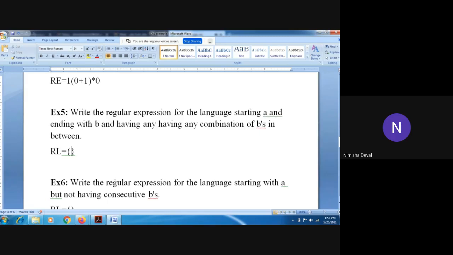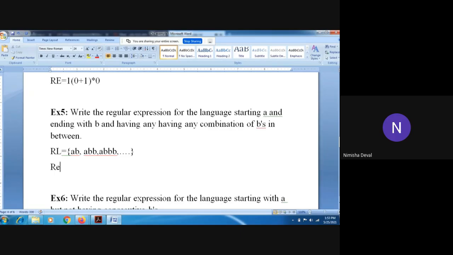First string is ab. Correct. Next one. Yes, next abb. Correct. Then 3 times b, and this process is going on.